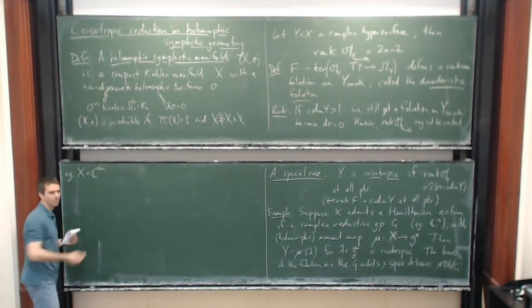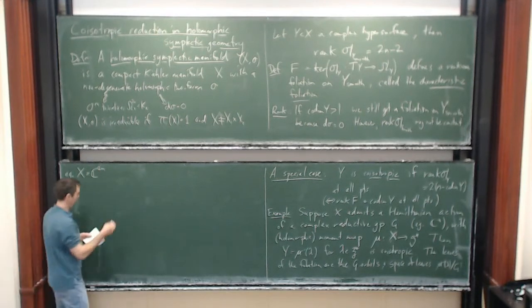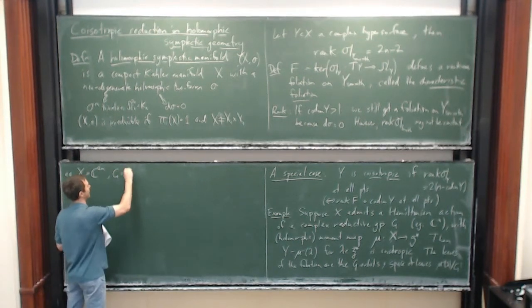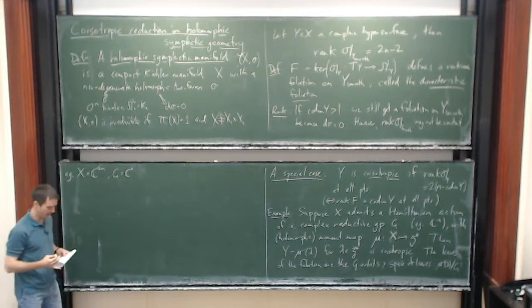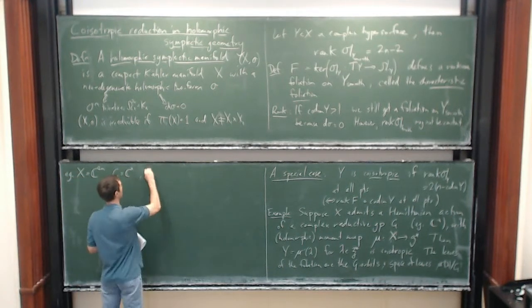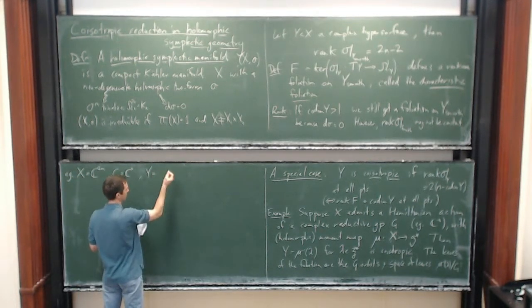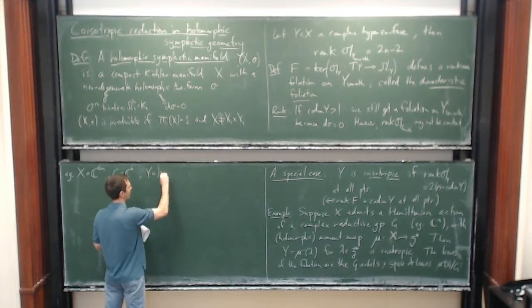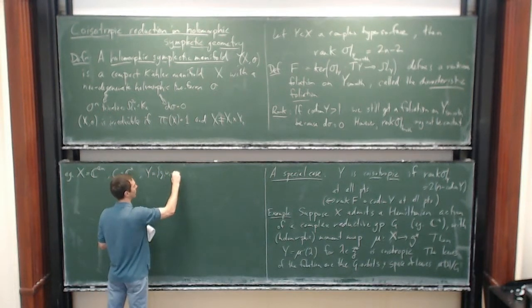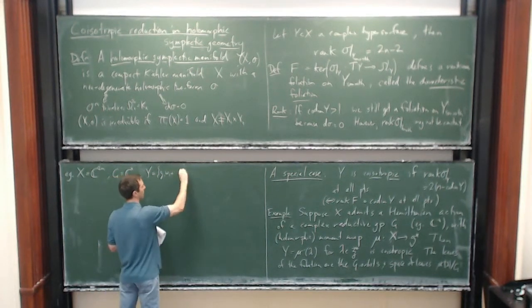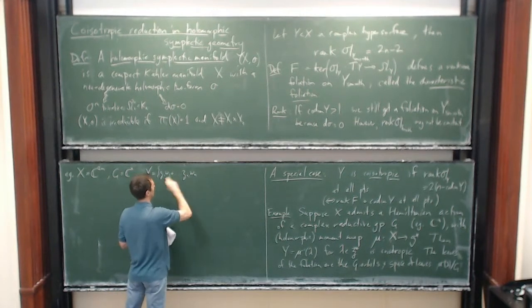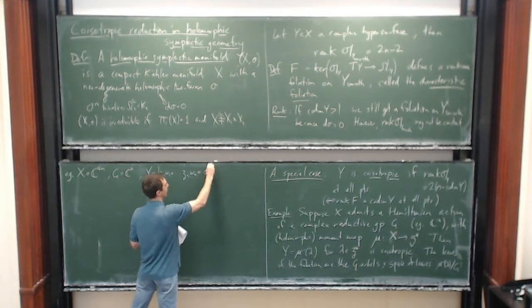The simplest example would be the non-compact example where you have just the C star acting on a symplectic vector space, and then of course the level set for 0. The moment map would be Z1 times W1 up to Zn times Wn, where these are just the coordinates on C2n, and so we could take the level set where this is 0.